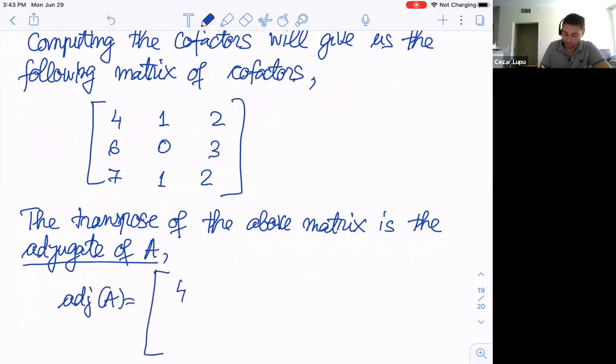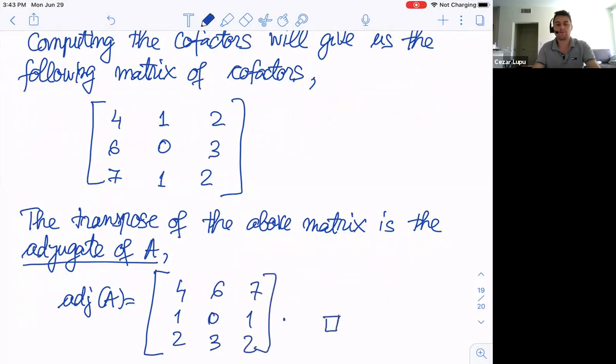It will give us 4, 1, 2, 6, 0, 3, 7, 1, 2. And that's how we're going to compute the adjugate of a matrix.